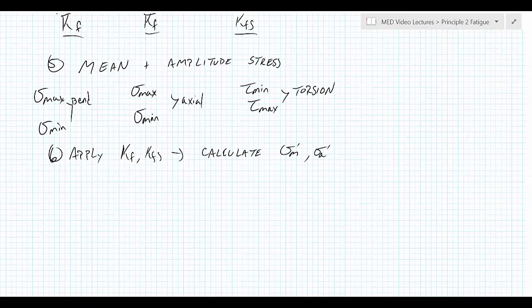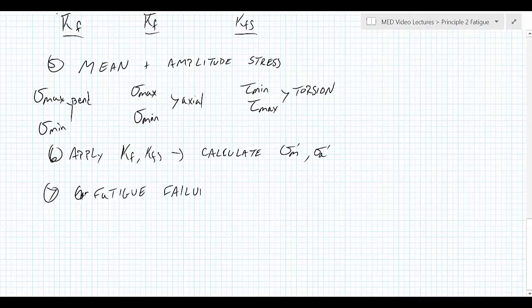Okay, so you calculate the sigma A and sigma mean, and from there we can just use those in our Goodman equation, or the ASME elliptic or Gerber, whichever one you wanted to use, to check for fatigue failure. And again, we have 1 over NF equals sigma A prime over our modified endurance strength plus sigma M prime over the ultimate strength.